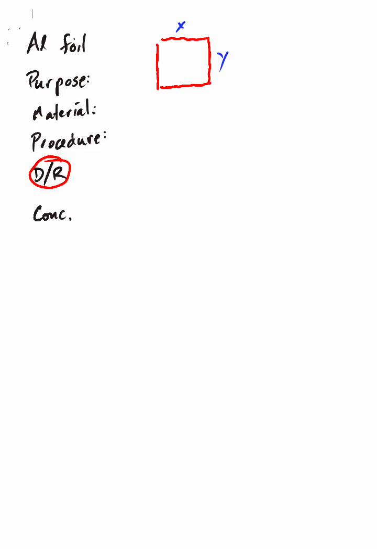The problem really came in when we would try to get this very, very thin edge that was the thickness of the foil. And we're going to call that Z, if you will.